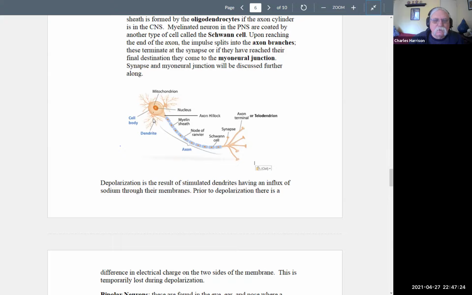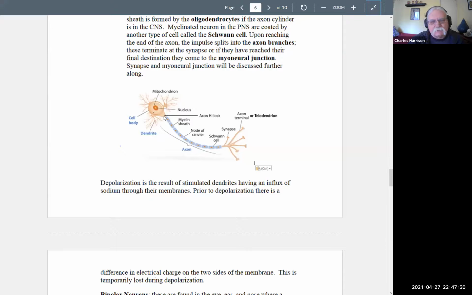No one of them would be sufficient to excite the parakaryon and its axon hillock into propagating an impulse. You need the cumulative depolarization from several dendrites to depolarize this portion here called the axon hillock.